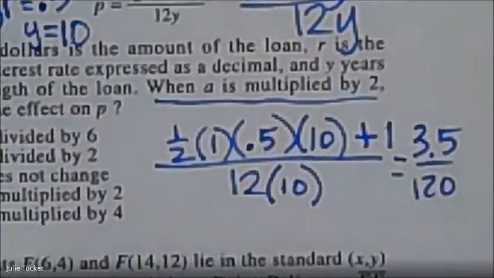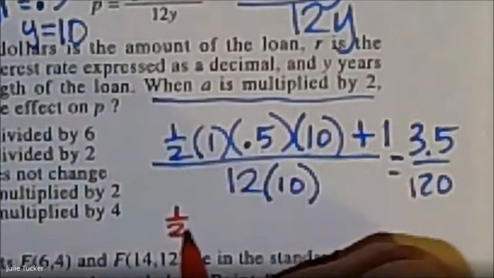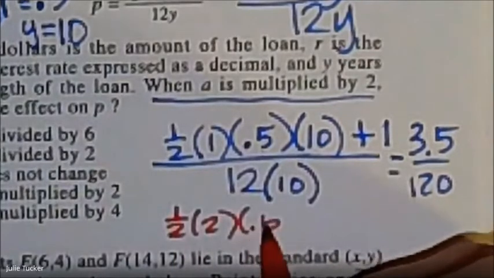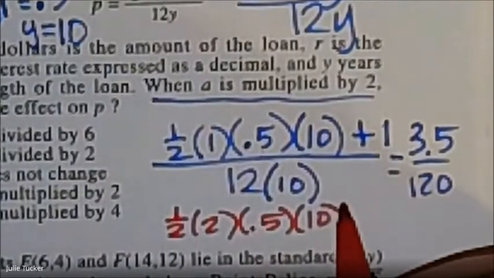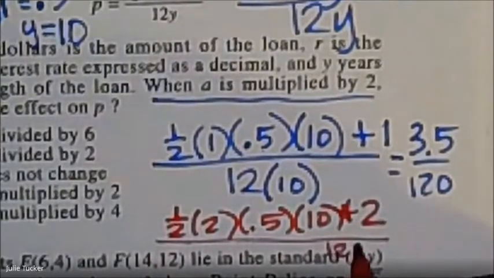Now we're going to redo the whole thing, but we're going to change the numbers that are 1s for A to 2s. So it's going to be 1/2 times 2 times 0.5 times 10 plus 2 all over 12 times 10.